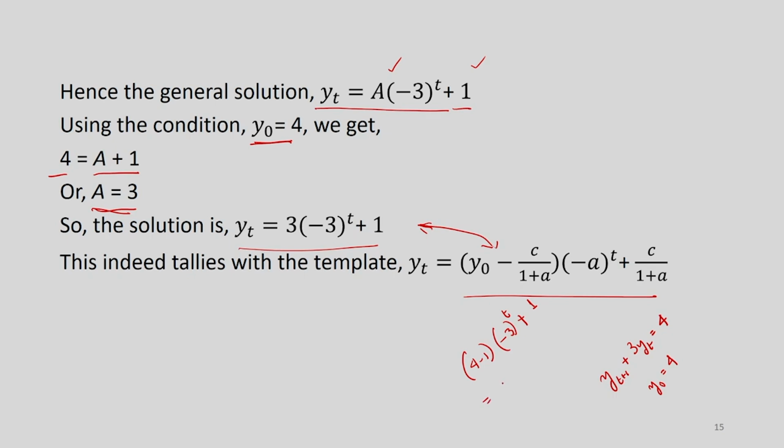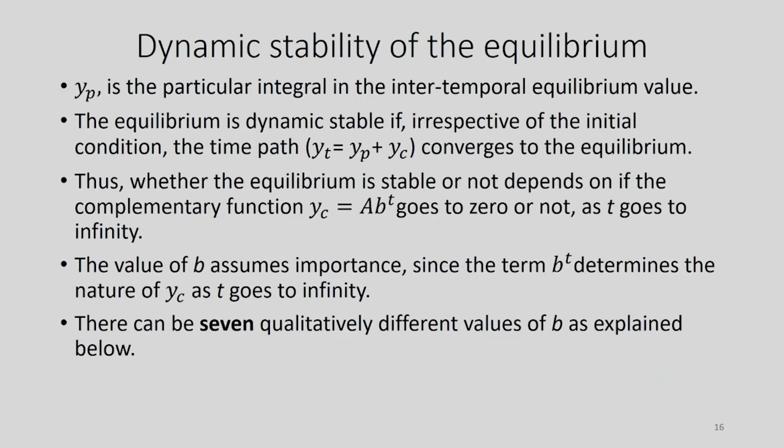So, this is nothing but 3 minus 3 to the power t plus 1. So, this is the yt predicted by this template, and that is exactly what we have found out by our more elaborate method.